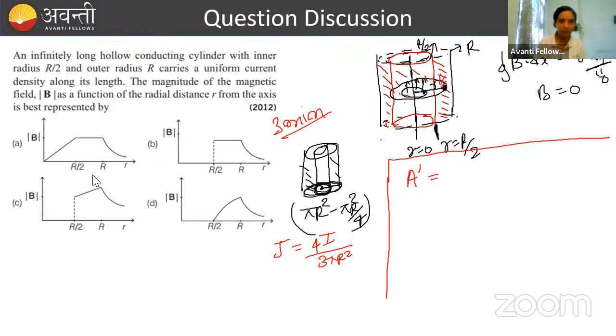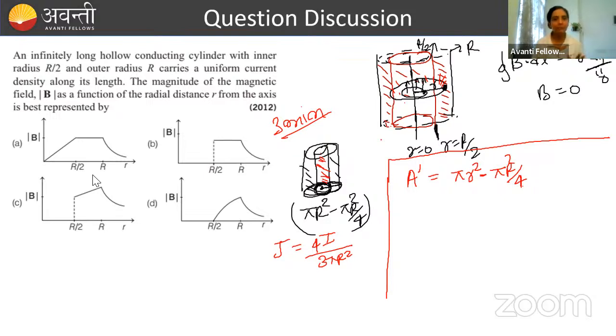First find the area. So what will the area be? If this distance is small r, then pi r square minus pi R square by 4. We need to remove pi R square by 4 because through it no current is flowing. This is a hollow region.